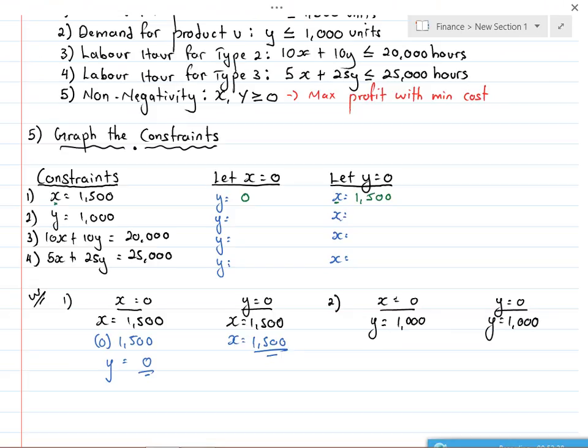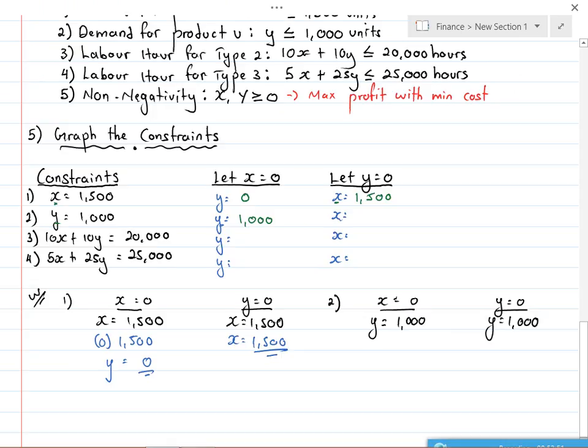X equals 0 means what answer you should get? Y answer. Okay, very good. X equals 0, they want the y answer, am I right? Y answer. Therefore, here should be 1000. Y equals to 1000. Simple as that.